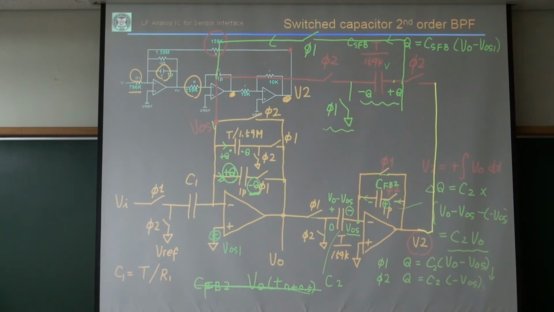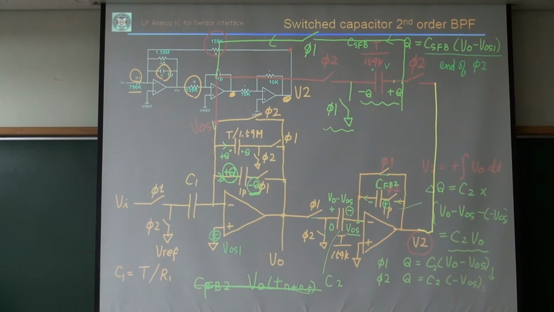This figure is too complex. So okay, let's continue. This Q is like that, at the end of phi 2 phase. That's the Q sampled in this CSFB at the end of phi 2 phase.